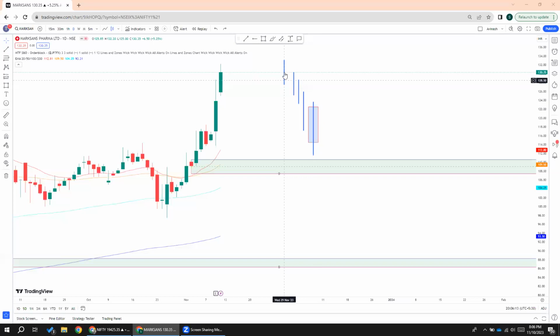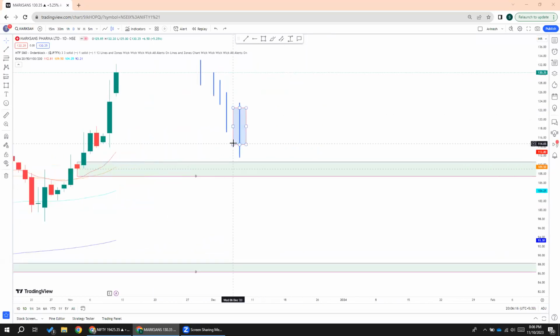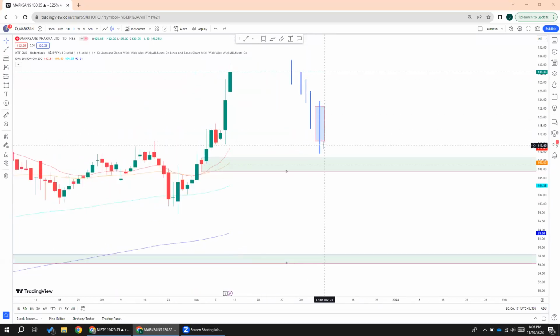Okay, so now you can understand the market was dropping and suddenly we have seen such a type of candle. And the next candle, if it closes above the previous high, and even the open is above the previous low, or previous open, it is considered to be a trend reversal.